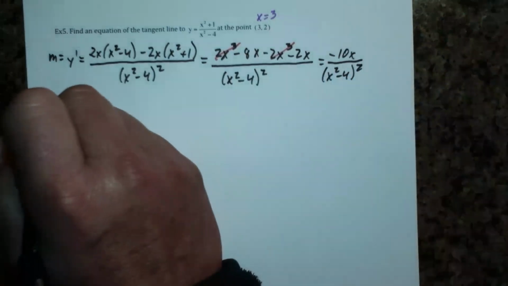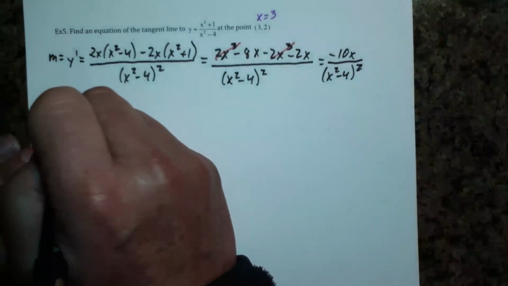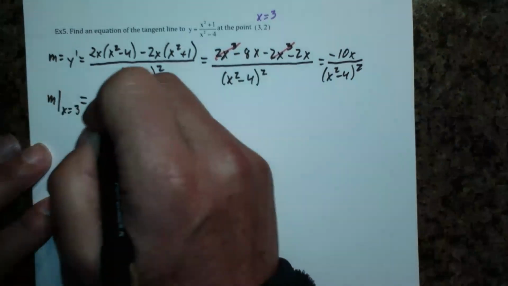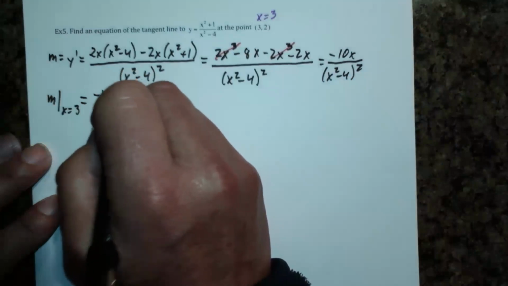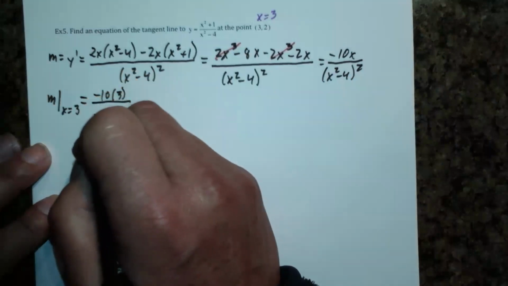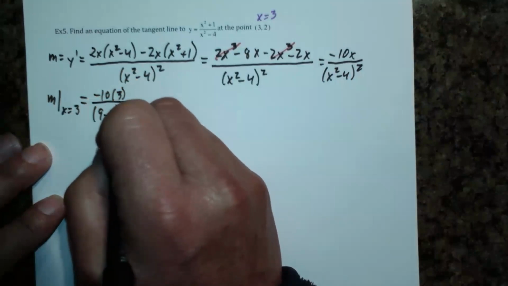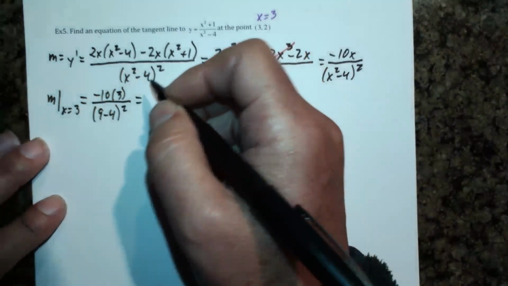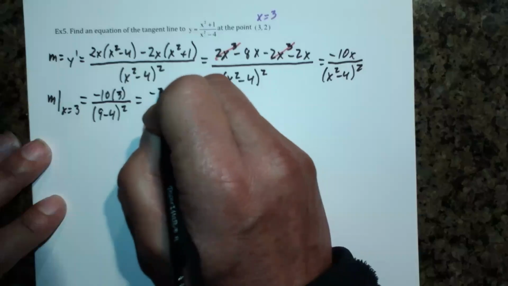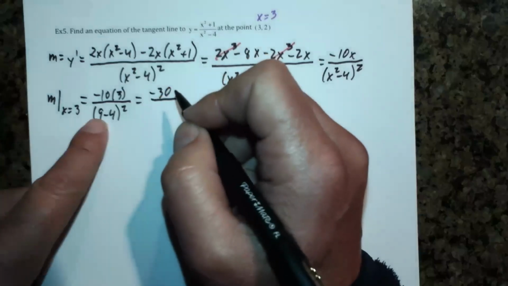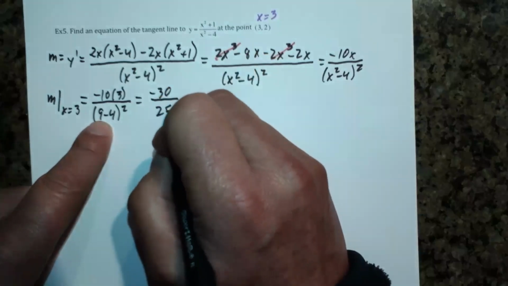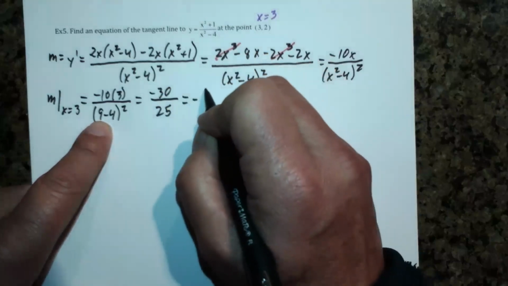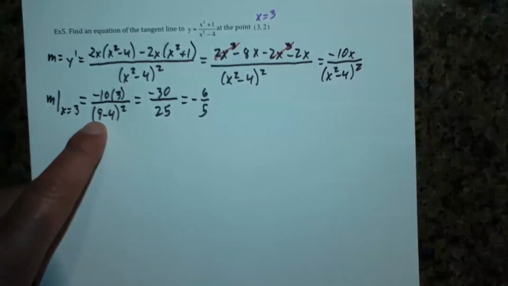So now let's find the slope at x equals 3. So negative 10 times 3. And that's going to be 3 squared, which is 9, minus 4 squared. And I can see this is going to be negative 30 over, that's going to be 5 squared, which is 25. So the slope in this case is a negative 6/5.